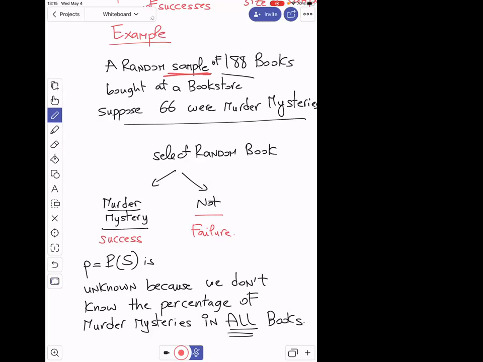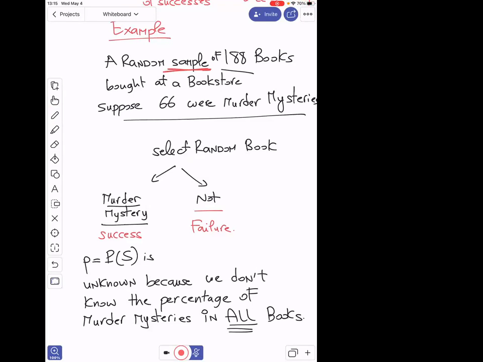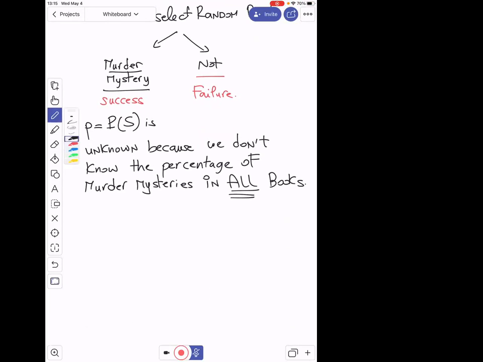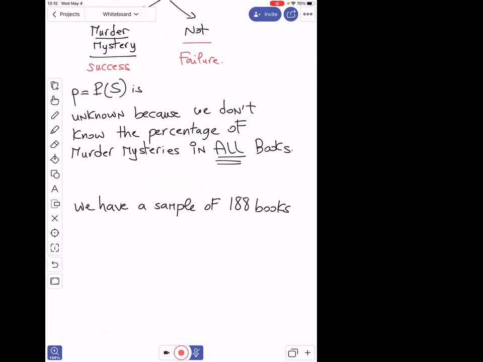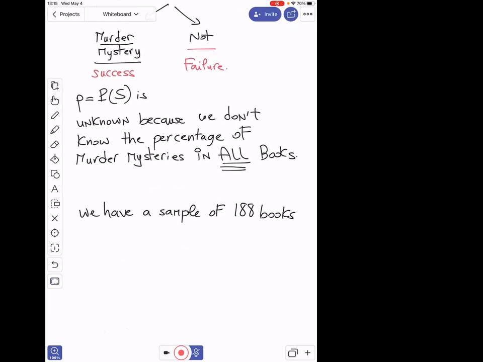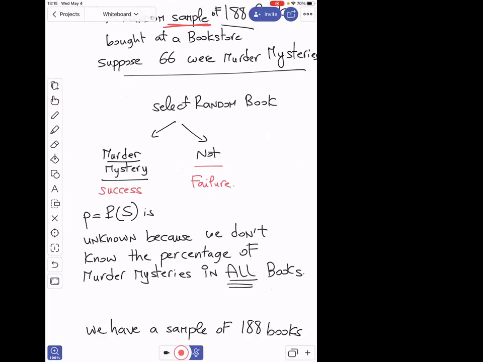However, we have this sample of 188 books, and out of the 188, we know 66 are murder mysteries. So the number of successes here is 66 out of 188.